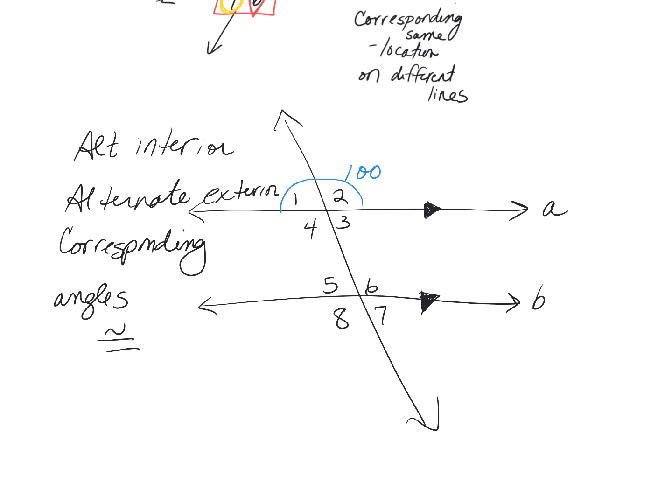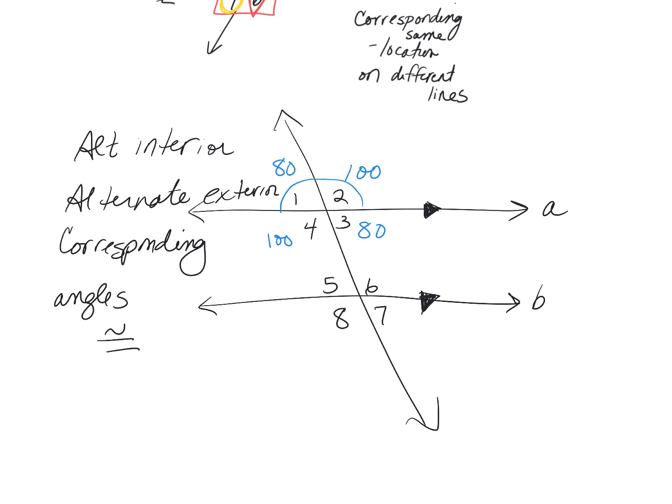we know any straight line or straight angle has a total of 180 degrees. That means that angle 1 would be 80 degrees, because 80 plus 100 is 180. And then angle 4 would also be 100, and angle 3 would be 80, because 2 and 4, 1 and 3 are vertical.